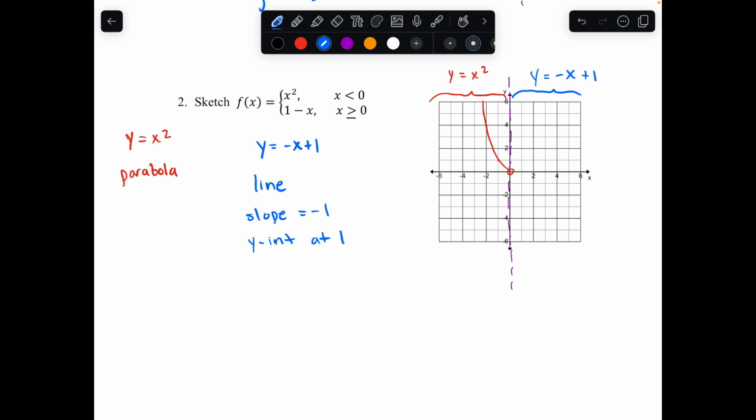So we can graph that. Now we are including 0 in this part of the domain, so we can use a closed circle. And now we just draw our line with slope negative 1. And that is the graph of our piecewise function.